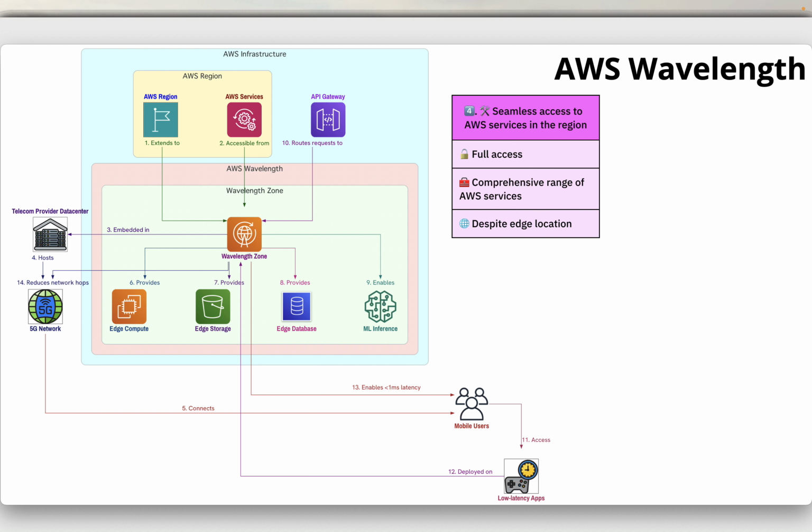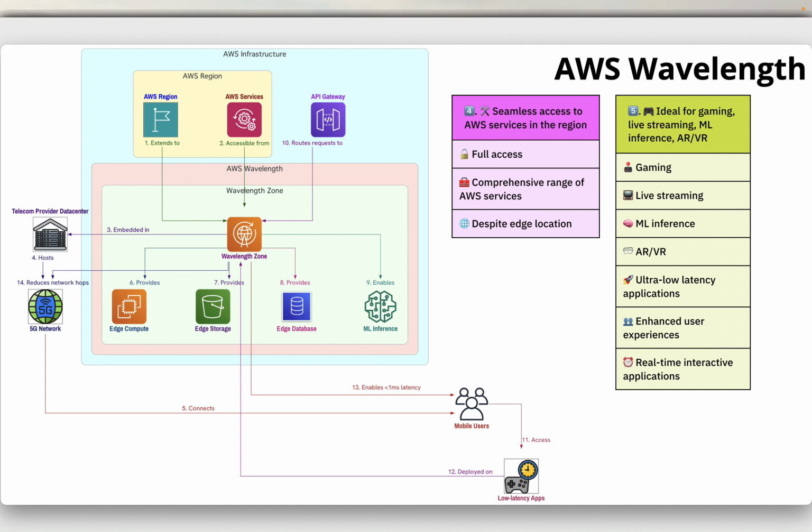Despite being at the edge, so we say edge whenever we talk about edge networks, let's say mobile networks, 5G, those are called edge networks, these zones allow full access to a comprehensive range of AWS services. It is ideal for gaming, live streaming, ML inference, AR, VR, virtual reality, augmented reality, and applications requiring ultra low latency can significantly benefit, enhancing user experience in real-time interactive applications.